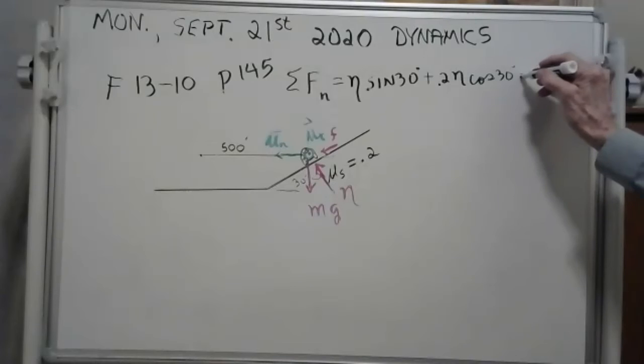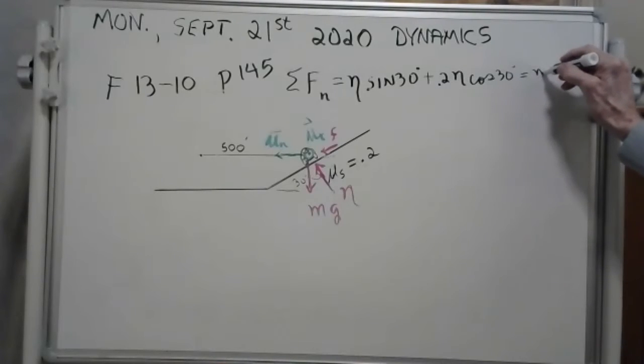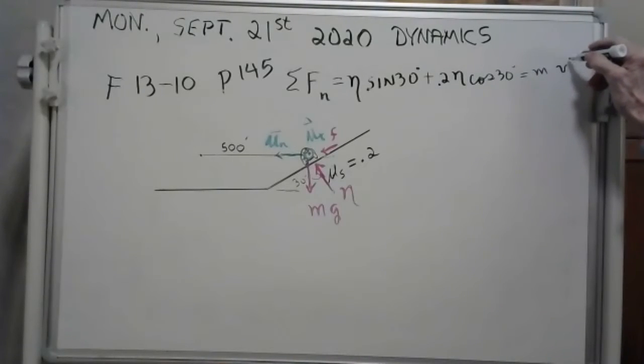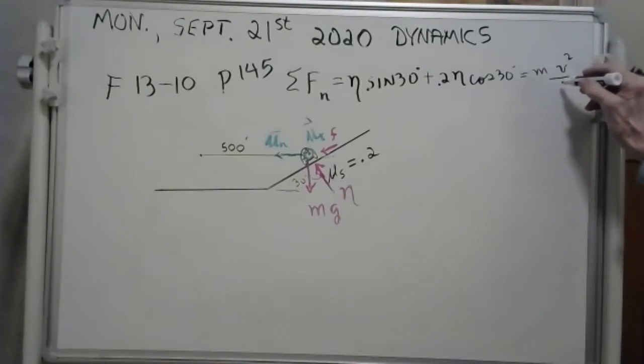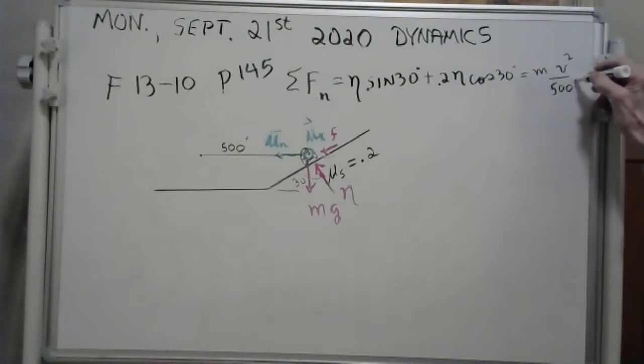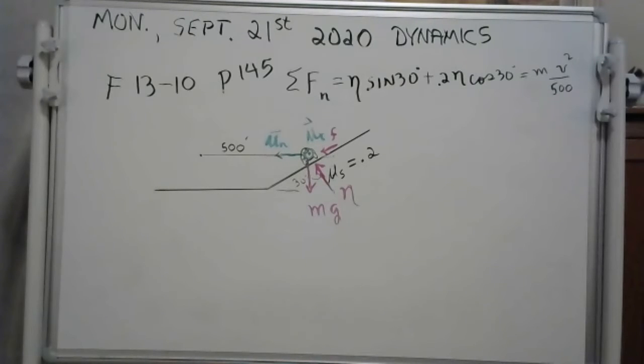And on the right, what we have is the mass v squared over rho, which is 500, right? 500. Okay, well, I think we're all done with that equation. Now, how many unknowns do we have?